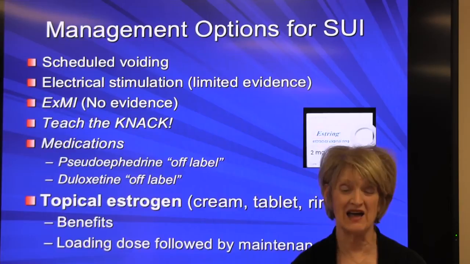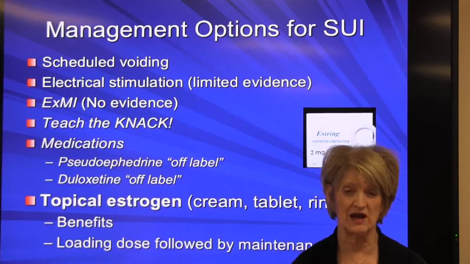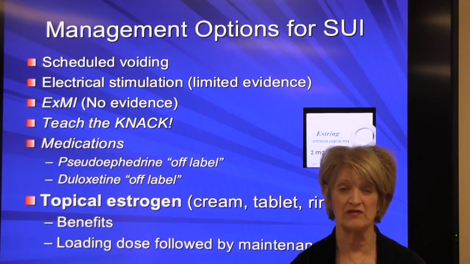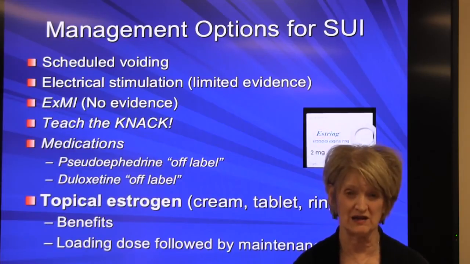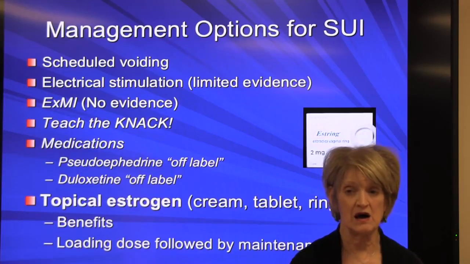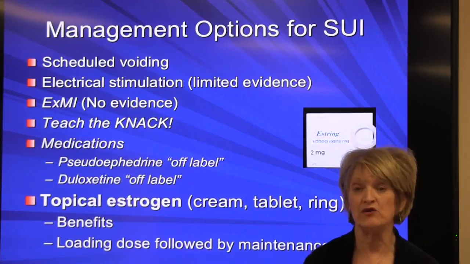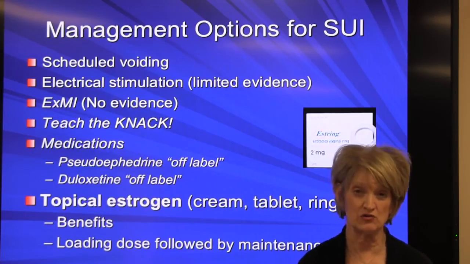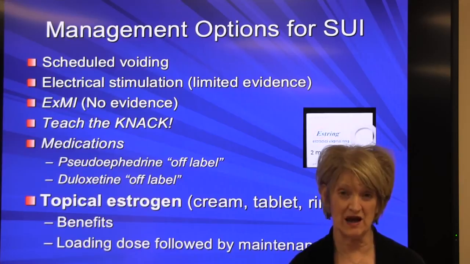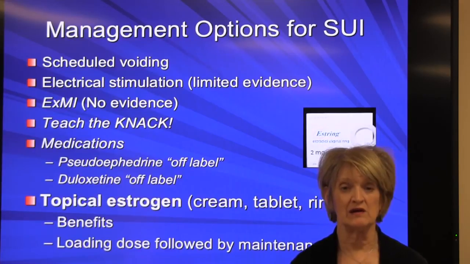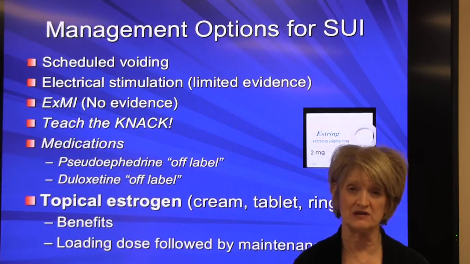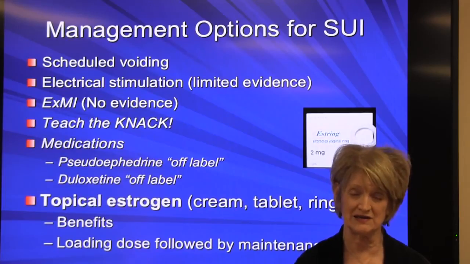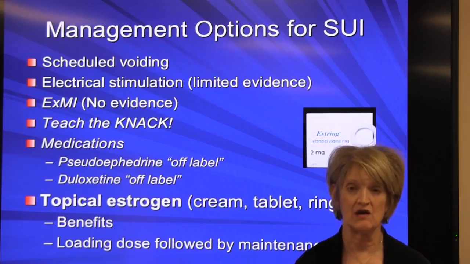Because they did not have data on this, they could not get clearance for use of duloxetine in the management of stress incontinence. So it would be off-label use. It's not typically frontline therapy, but if you have a patient who has both clinical depression and stress incontinence, use of a serotonin norepinephrine selective reuptake inhibitor, SNSRI, such as duloxetine, would be appropriate.